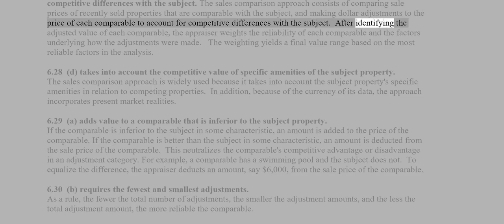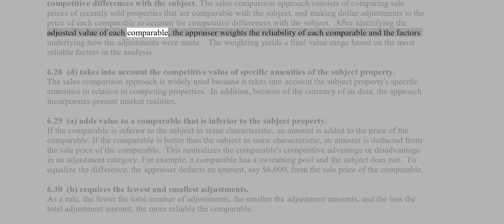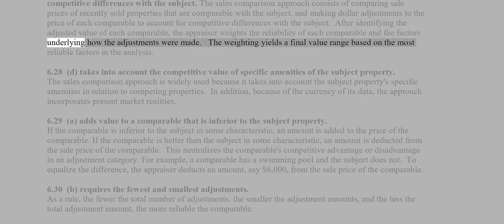After identifying the adjusted value of each comparable, the appraiser weights the reliability of each comparable and the factors underlying how the adjustments were made. The weighting yields a final value range based on the most reliable factors in the analysis.